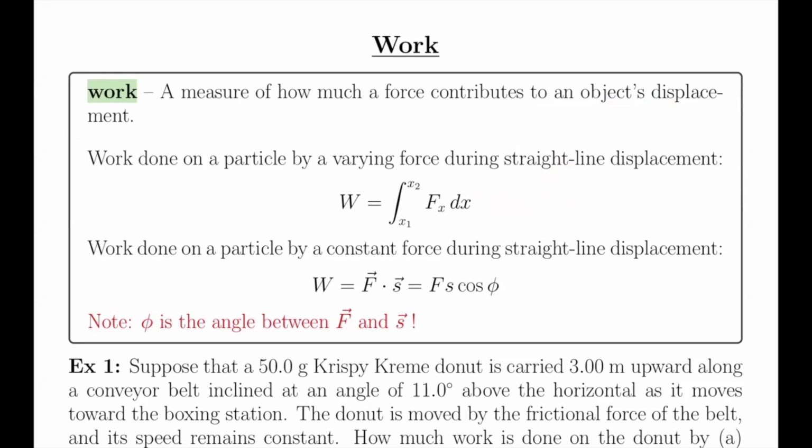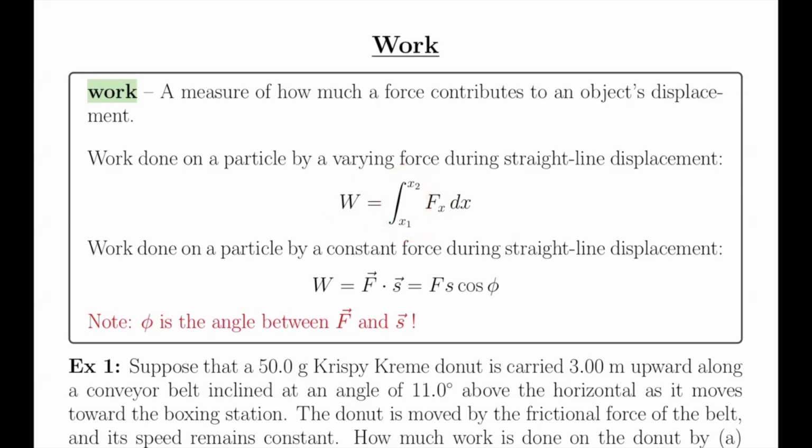All right. So, how do we calculate work? If the force is varying and the displacement is one dimensional, it's along a straight path, then the work equals the integral of the x component of the force, assuming that the object is moving in the x direction. And we're integrating this from x1 to x2.